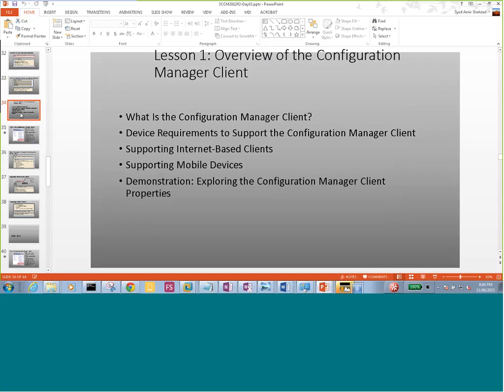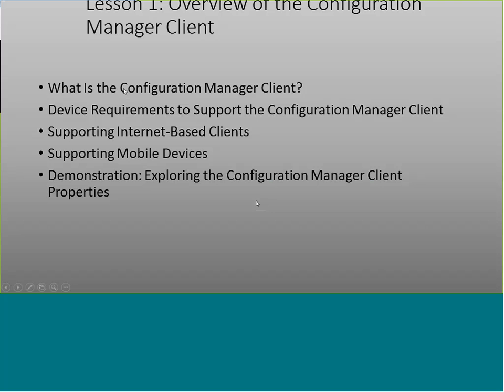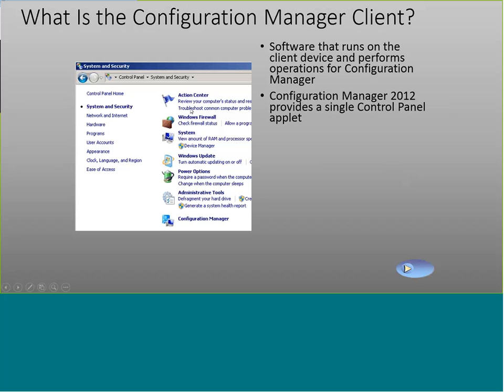So SCCM client, I just need to go through that. So this is the client software. So the client side SCCM software. This is SCCM client which we are going to configure. We need to deploy it manually. There are many, 7 or 8 ways we can deploy this client.